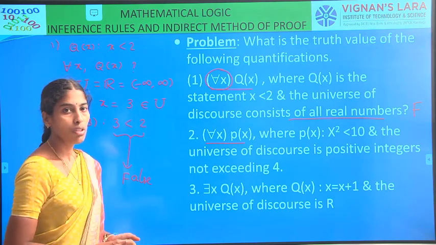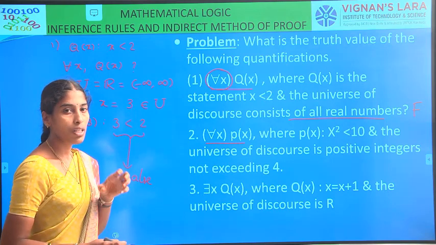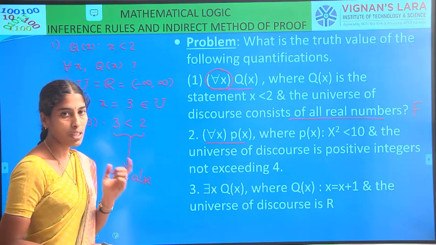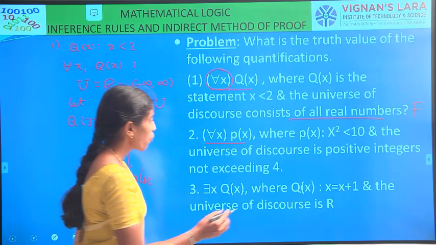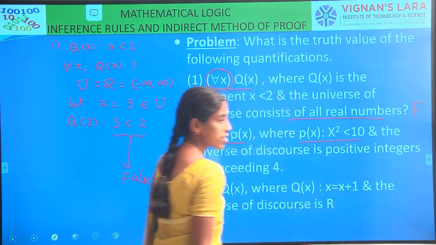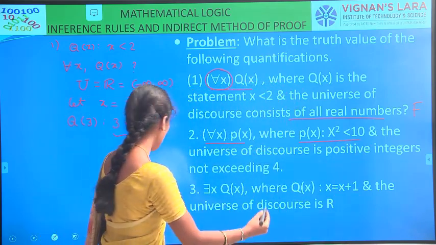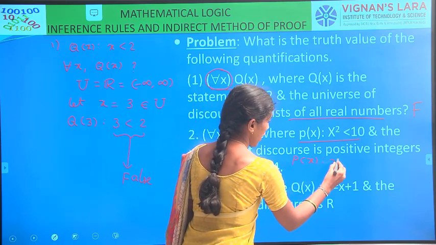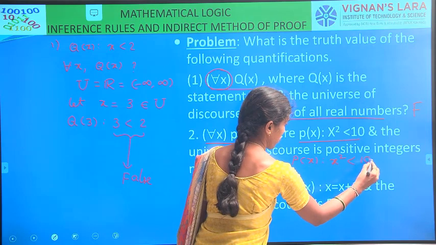Now coming to the second sum, it is also a universal quantifier. It is true when it is true for each value in the universal set; if at least one value is false, it is false. What is P of x here? P of x is x square less than 10.